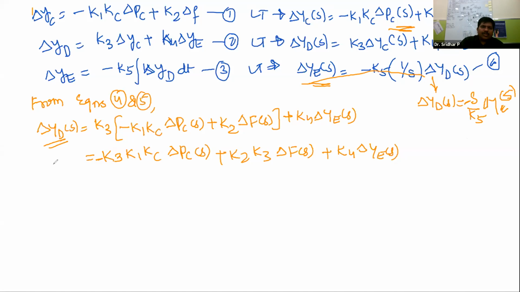This is the same thing I am substituting on the left side. So this value is minus s by k5 into delta ye of s.